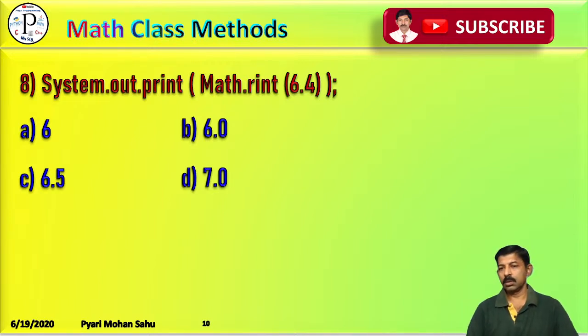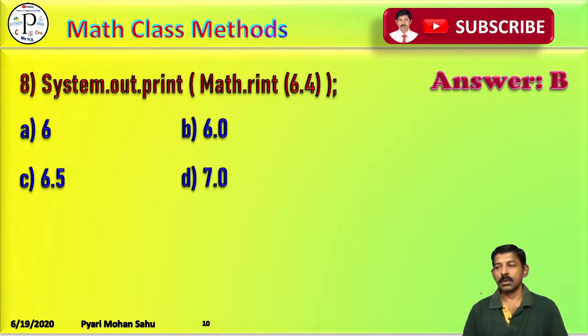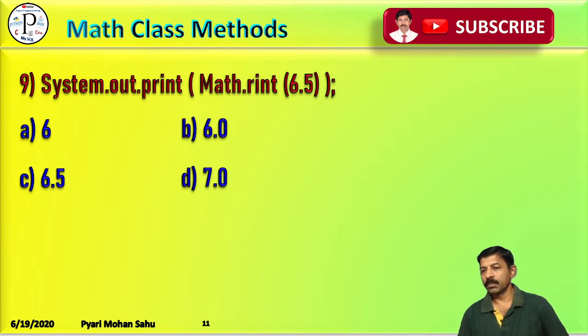Is it because the fractional part is below 5? I'm asking. Now this time 5.